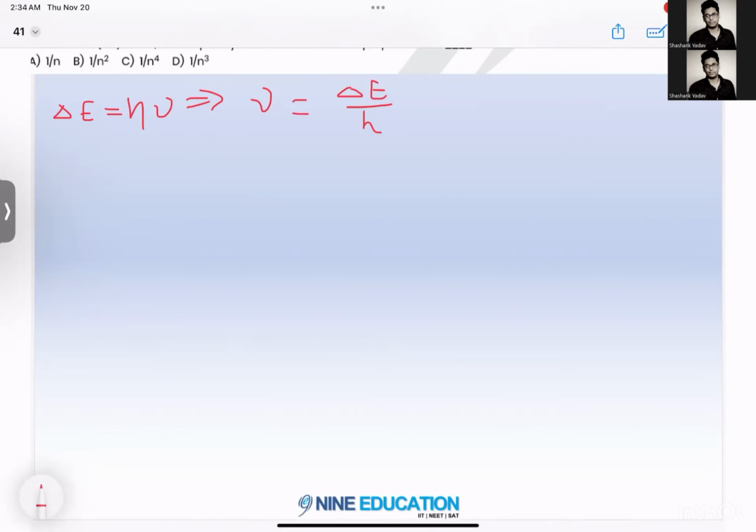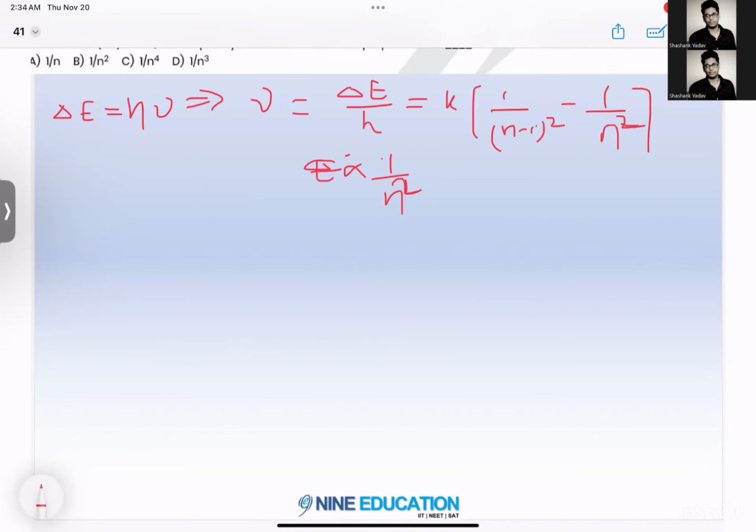This delta E can be considered as some constant k into, since E is inversely proportional to n square, 1 by n minus 1 whole square minus 1 by n square.